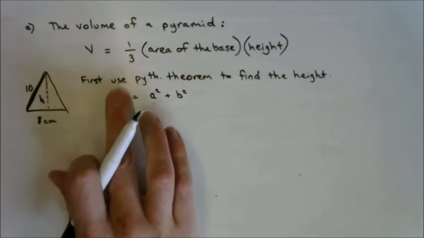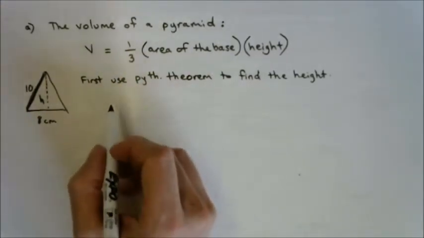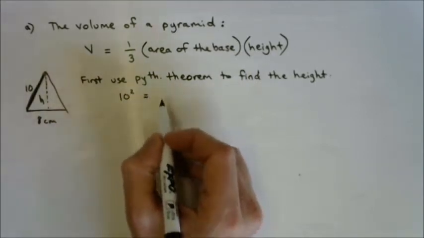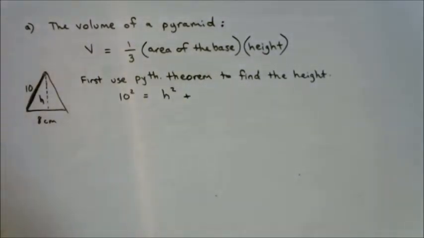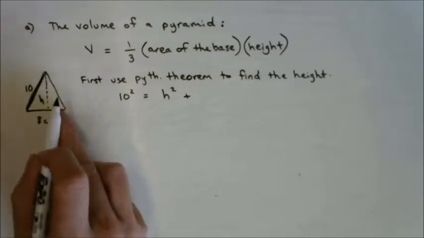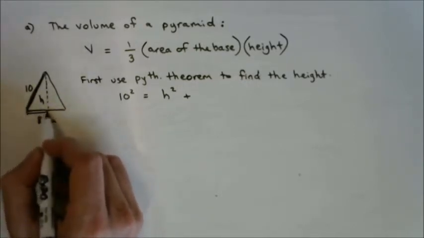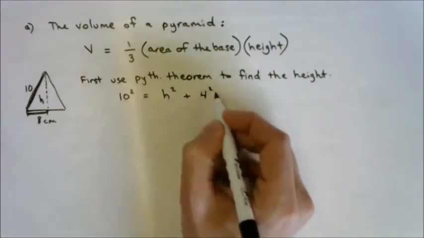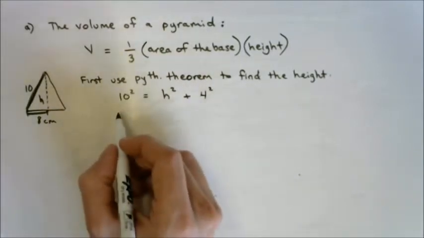So if we were going to set it up, we have 10 squared equals h squared plus, does anyone know the last part? 4 squared. Why is it 4? Because I only have half of that base. So 4 squared. Good. Here we go. What's 10 squared?